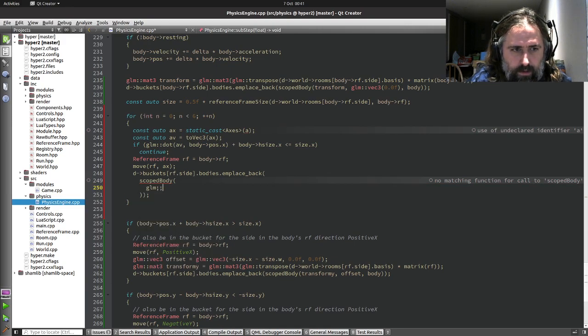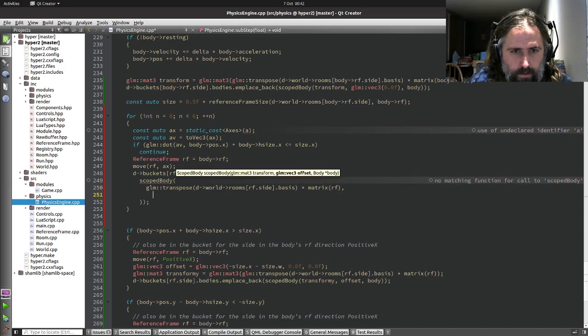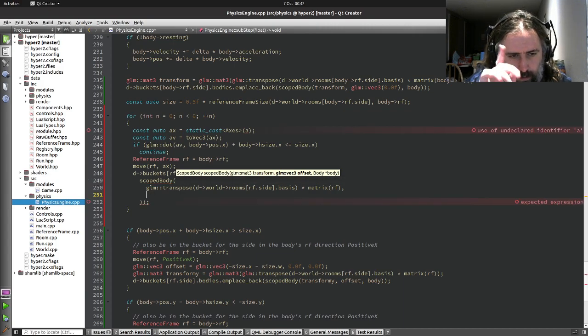It's going to be GLM transpose worlds rooms RF sides basis multiplied by the matrix of the reference frame. That's the first parameter. Second parameter is the offset. Now this is more complex.